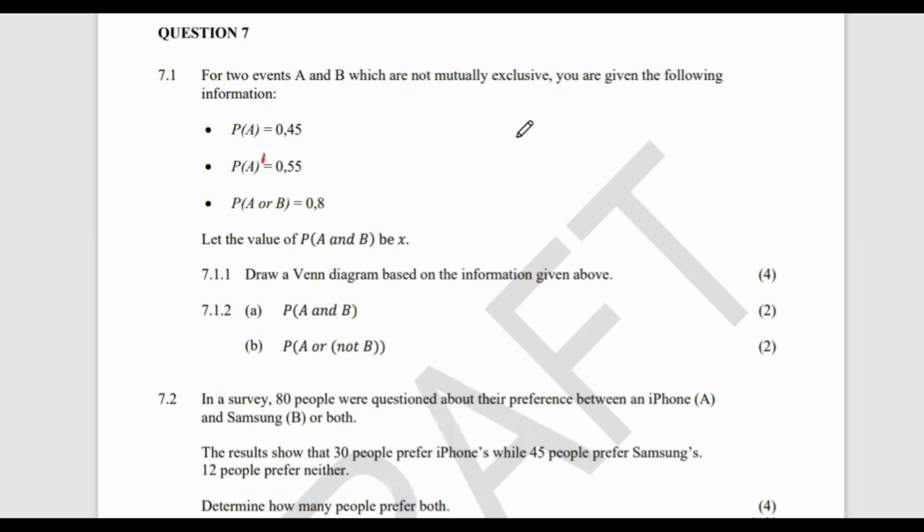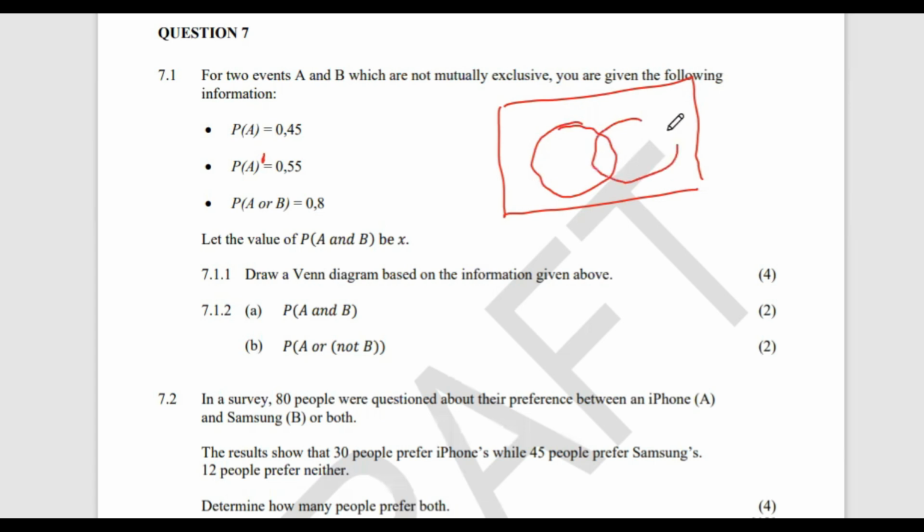So when you're drawing your Venn diagram, okay, you're gonna have A and B. They say these ones are not mutually exclusive. So which means there's an intersection. So we don't know what the intersection is.